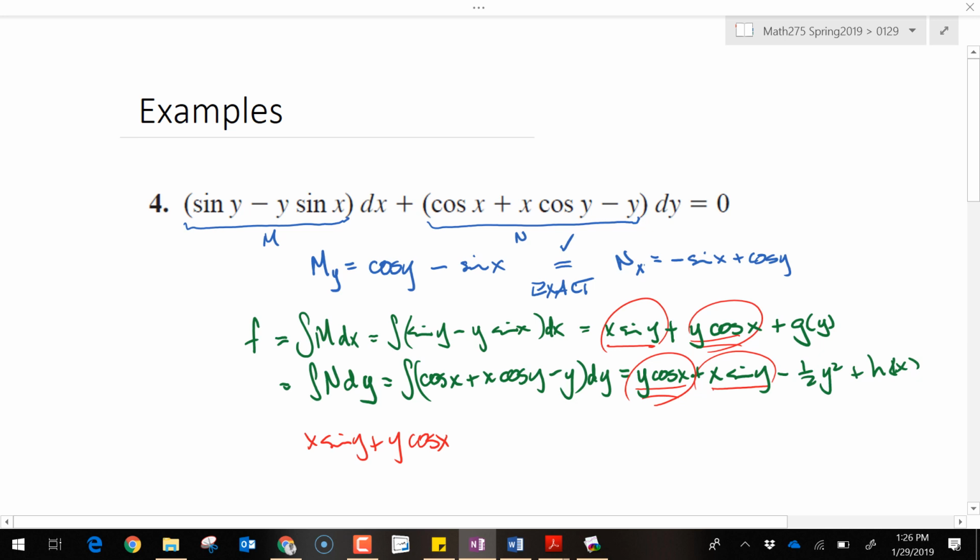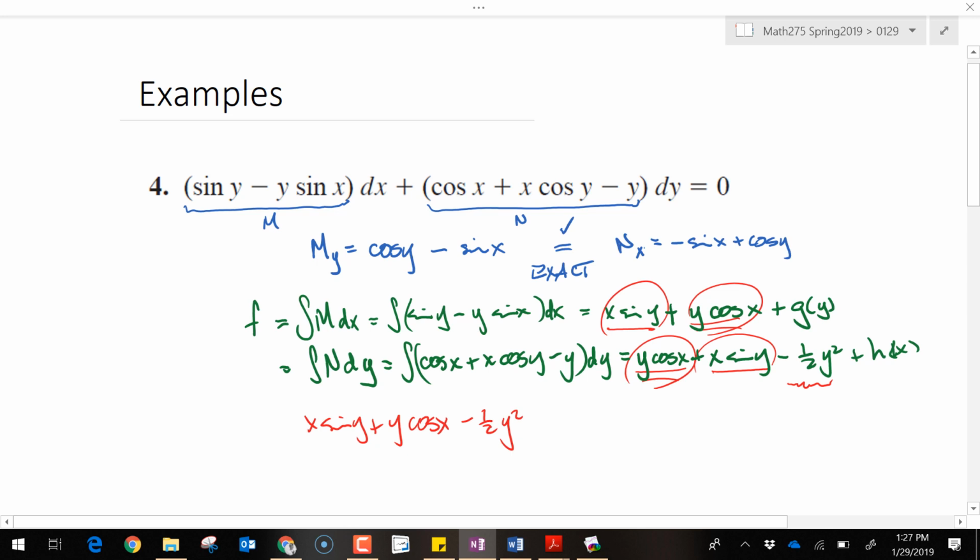And then we have this extra term here that was missed in the first integral because y is a constant with respect to x. So that's a minus 1/2 y squared. So this is your f of x, y function, but your solution is f of x, y equal to a constant. So you just set this equal to a constant, and that's your solution.